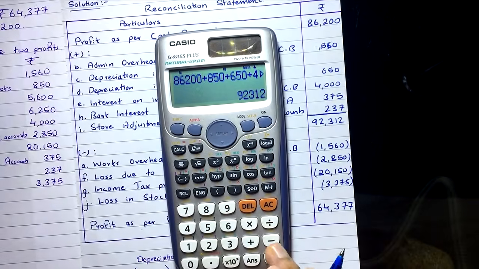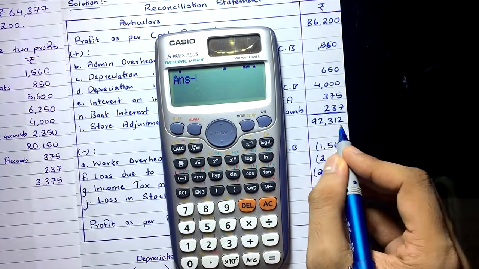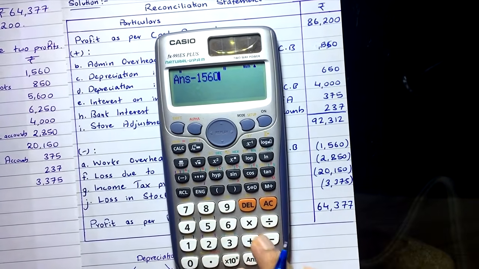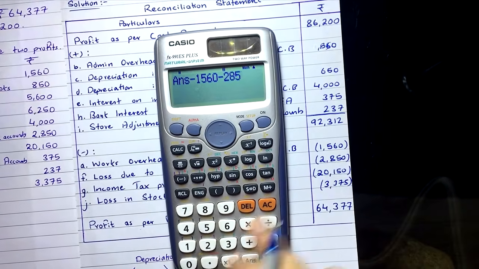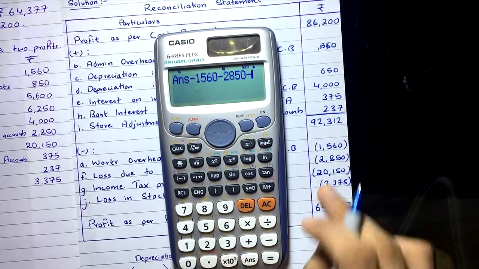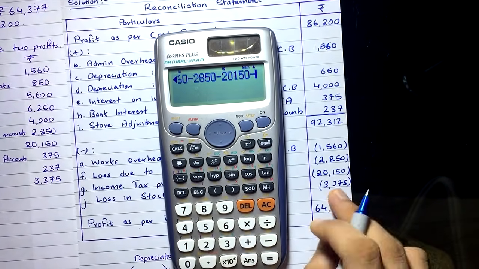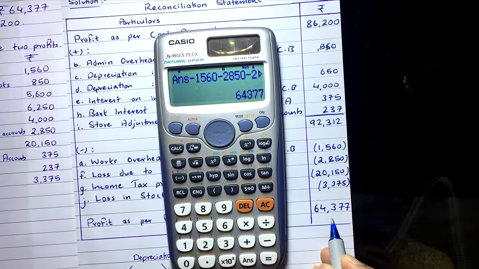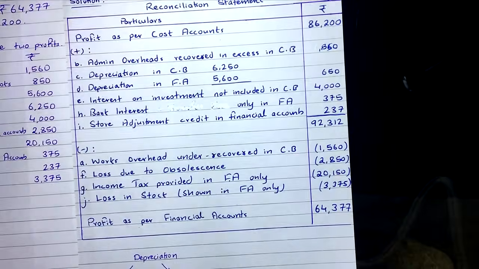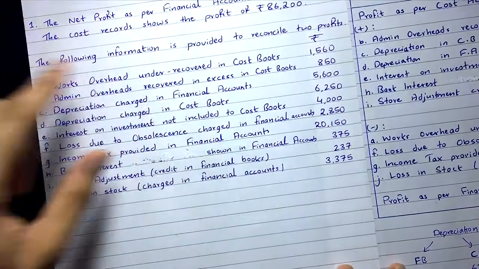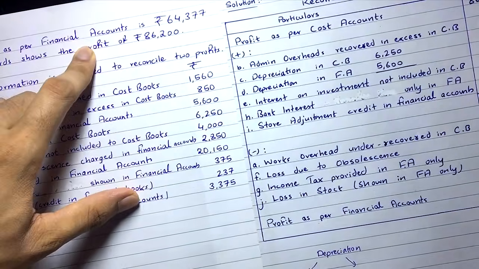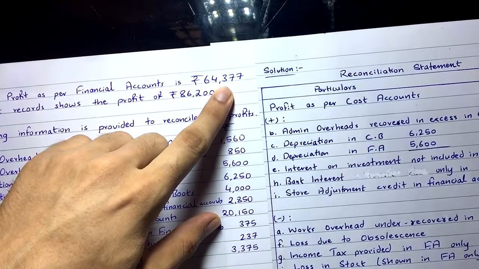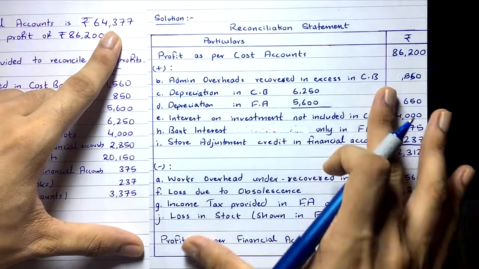Yes, then 92,312 minus 1,560 minus 2,850 minus 20,150 minus 3,375, that gives you 64,377. Now you have directly arrived at financial profit, that is 64,377. Yes, so now your solution is correct.